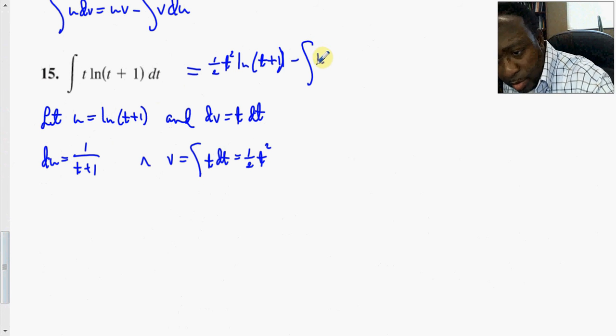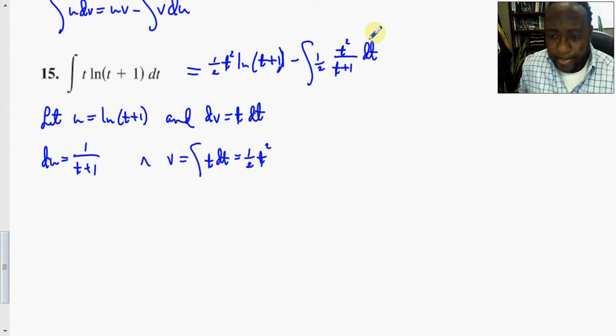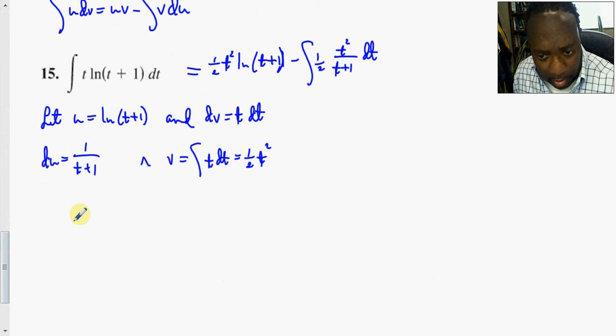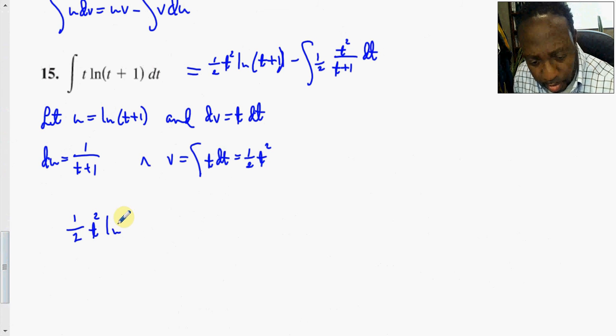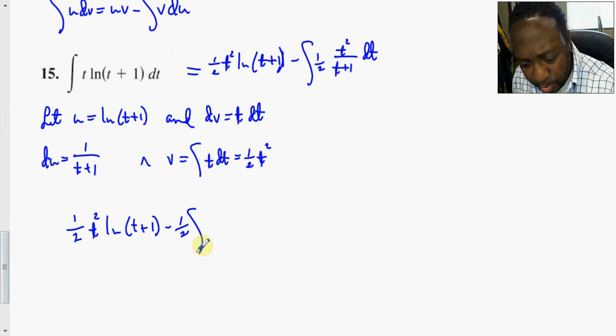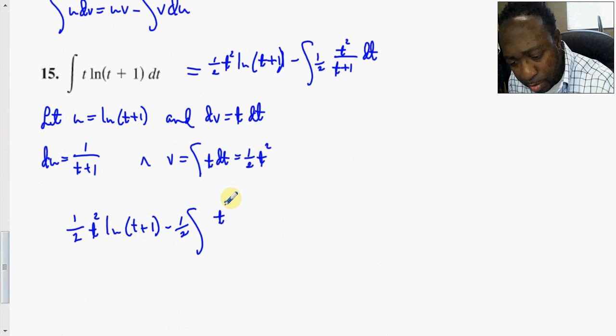So this is 1/2 t squared over t plus 1 dt. I'll write it down here. So this is 1/2 t squared times the natural log of t plus 1, minus 1/2 times the integral of t squared over t plus 1 dt.